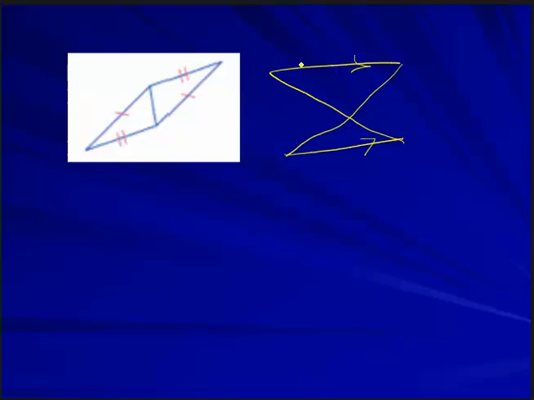I could say that these two angles were congruent to each other because they're alternate interior angles. And I could say that these two are congruent to each other, even though I didn't draw them congruent at all. So we're looking for situations like this, but we don't know that any of these sides are parallel.